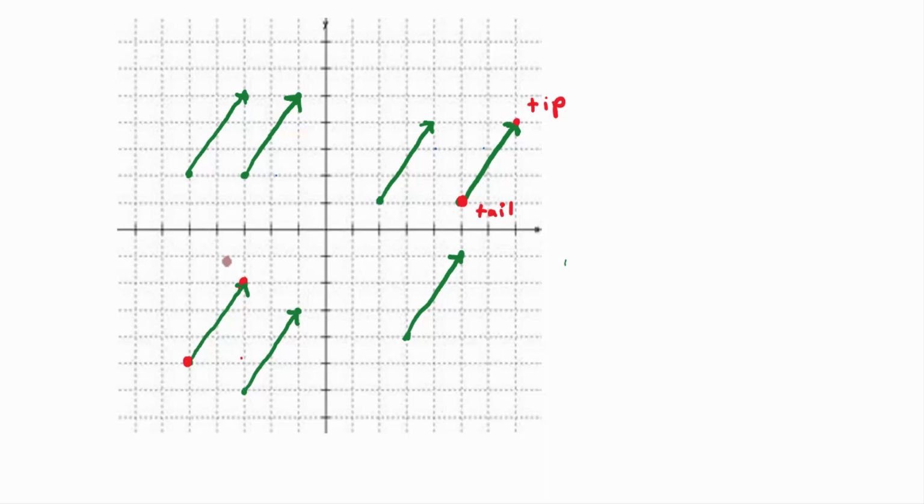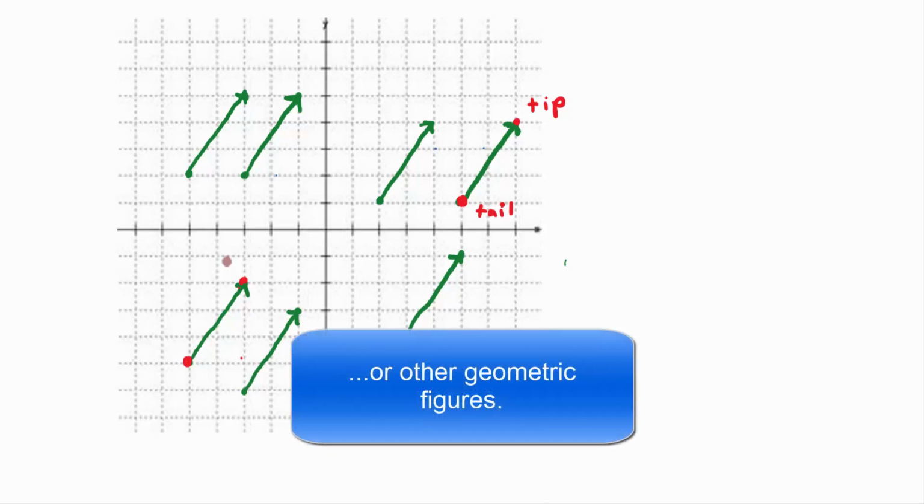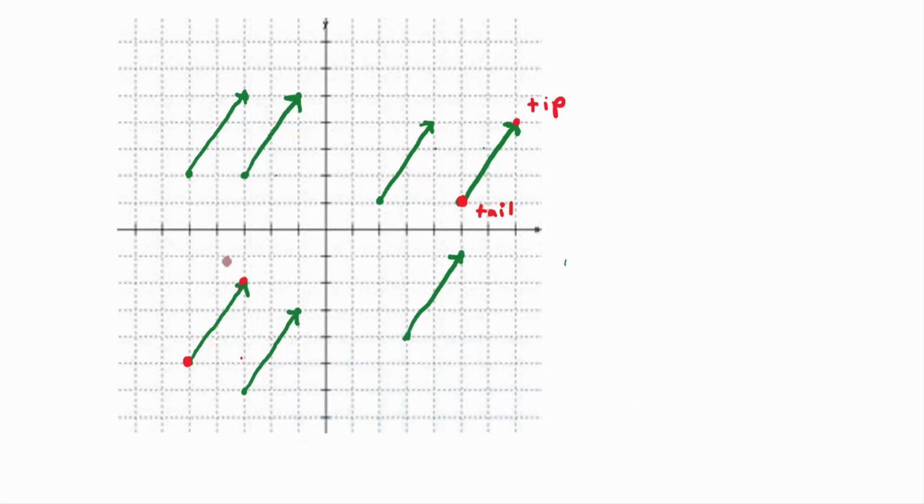I suppose congruent would work, but we don't usually use that unless we're talking about triangles. Obviously they're not the same. They're all different. But in a very real sense, they're equivalent because to draw them starting from tail and going to tip, you do the same thing, right?